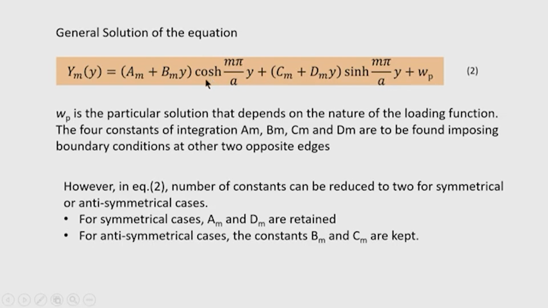The product of an antisymmetric and a symmetric function is again antisymmetric. Also, sinh(mπy/a) is an antisymmetric term. So B_m y cosh and C_m sinh(mπy/a), with the coefficients B_m and C_m, have to be kept in the case of antisymmetric loading. For symmetric cases A_m and D_m are retained; for antisymmetric cases the constants B_m and C_m are kept.